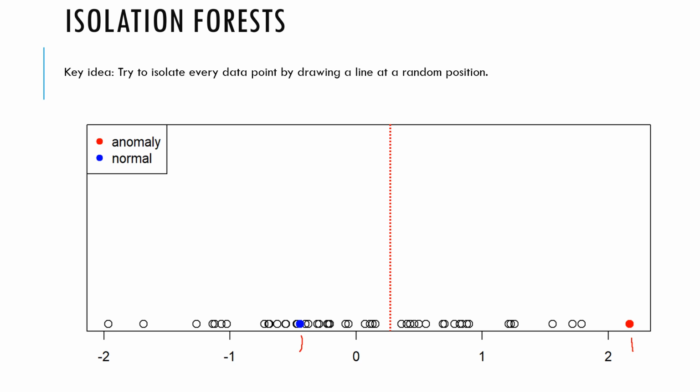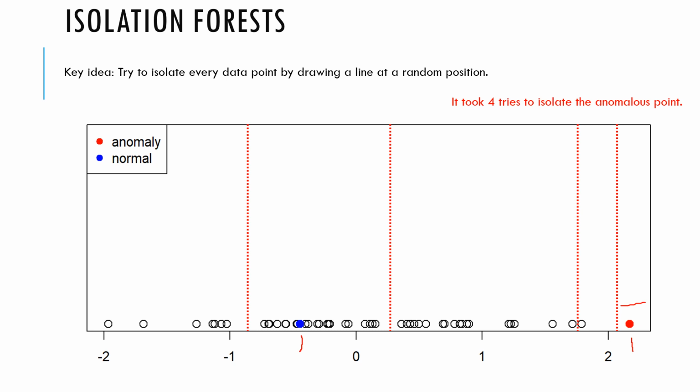In this case, my anomalous data point is not yet isolated, so I will pick another random position. Again, my anomalous data point is not yet isolated, so I will pick another random position, and I will keep going. At this point, my anomalous data point is isolated because in this region there's only one point, in this case the anomalous data point. In this case, it took 4 tries to isolate the anomalous data point.